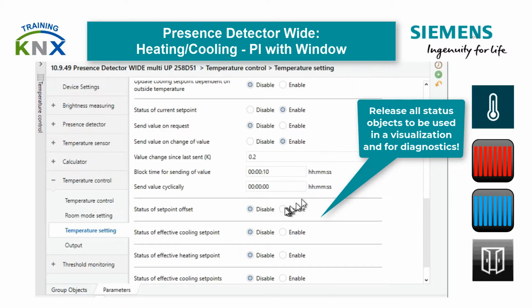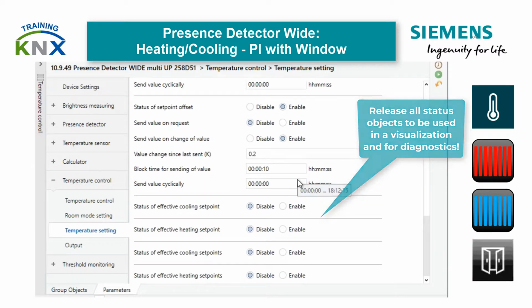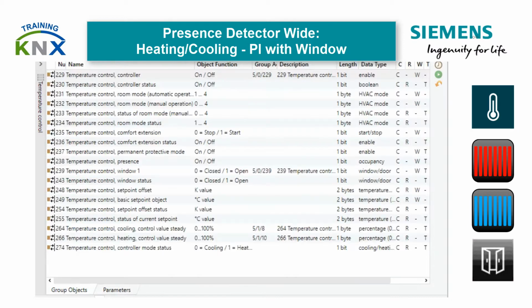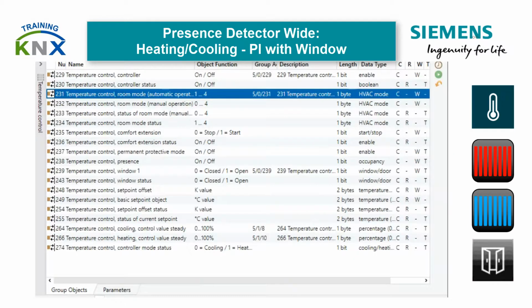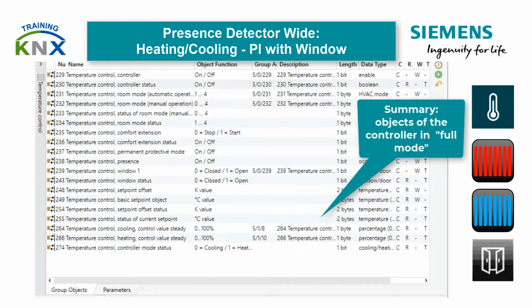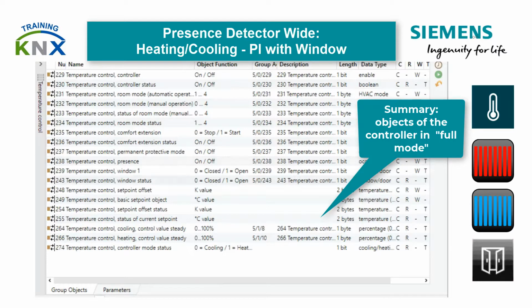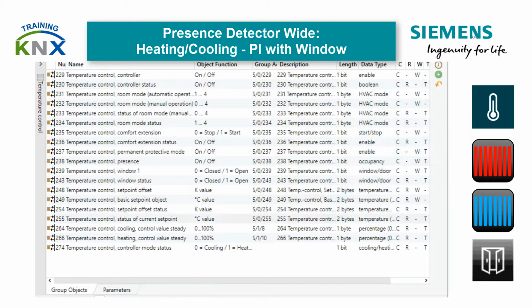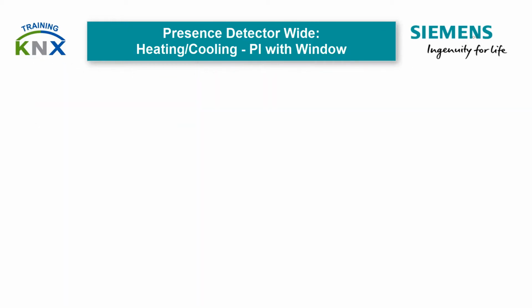The status objects provide current setting data for visualizations or displays, at the latest after a bus interruption. By the way, the controller on-off object is always initiated with 1. That means switched on after download or bus voltage return.